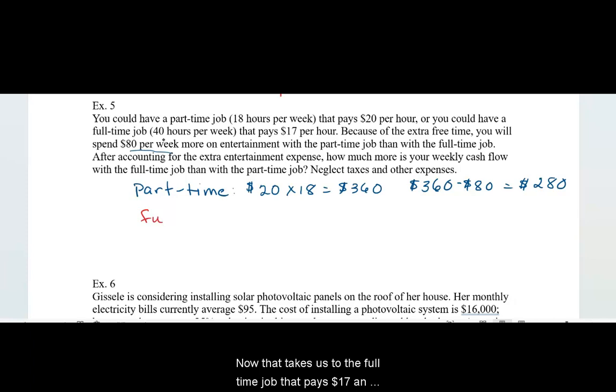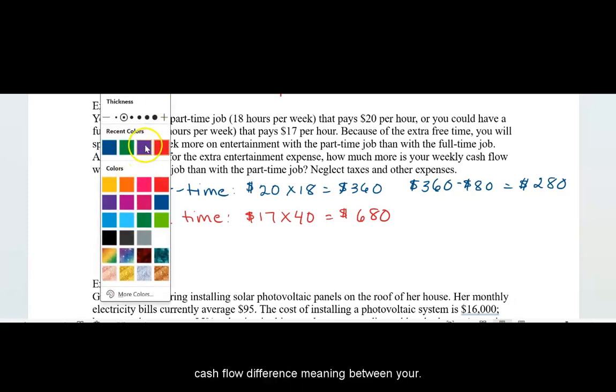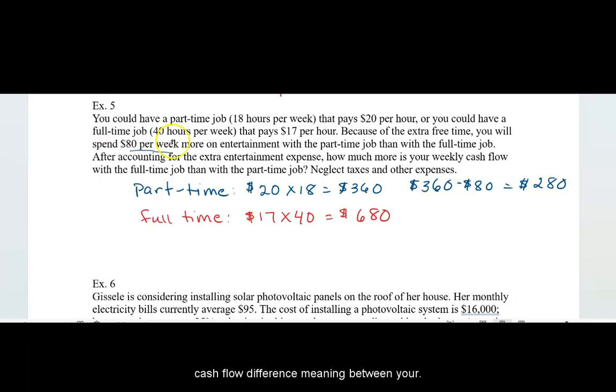Now, that takes us to the full-time job. That pays $17 an hour, but it's for 40 hours a week. So if we multiply that, we get $680. Okay, but we're talking about the cash flow difference, meaning between what you're getting. So with the full-time job, let me put this here.